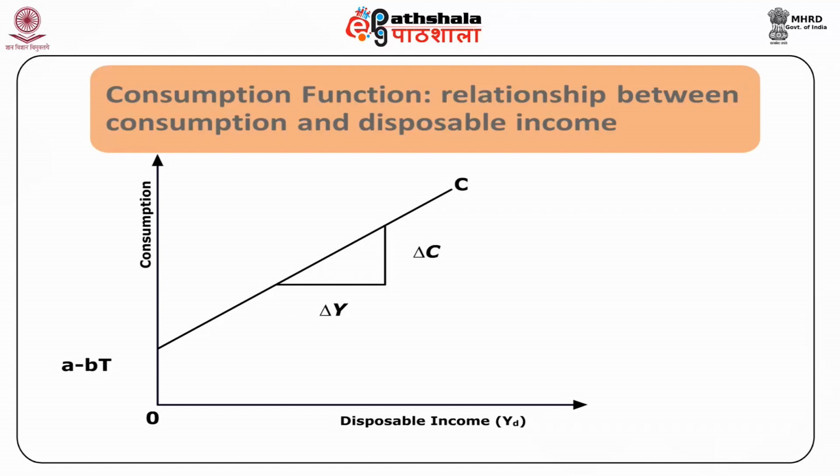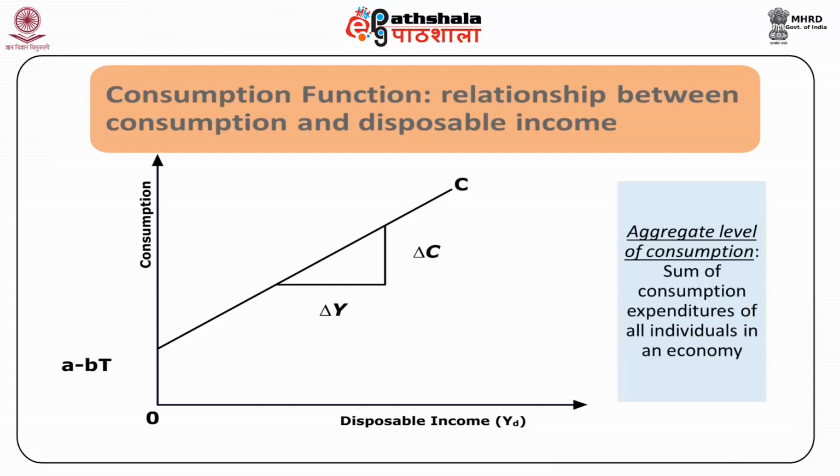Both consumption and income here are adjusted for inflation, that is, are in real terms. The aggregate level of consumption is the sum of consumption expenditures of all individuals in an economy. For the macroeconomic analysis, we look at aggregate consumption levels.